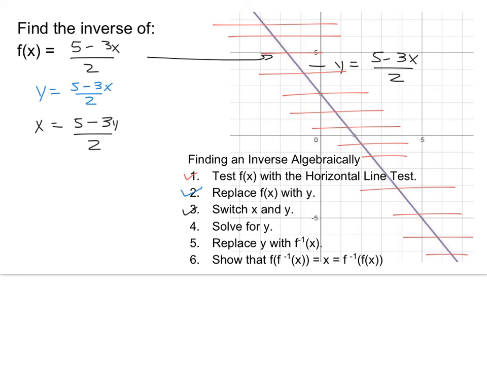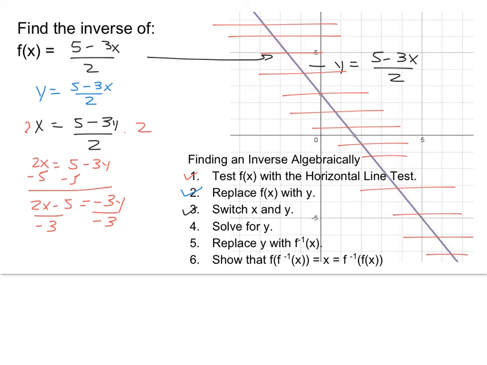Now I'm going to solve for y like I would with any other equation. Multiply both sides by 2. So I have 2x equals 5 minus 3y. So I'll subtract 5. So I have 2x minus 5 equals negative 3y. And I'll divide by negative 3 on both sides.